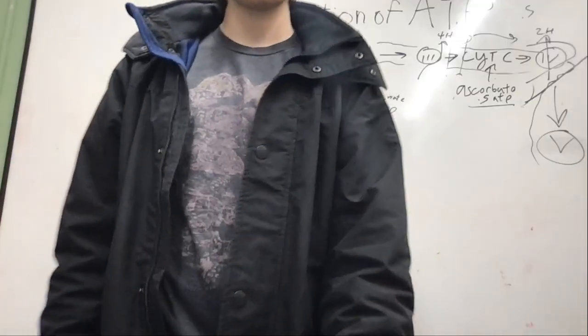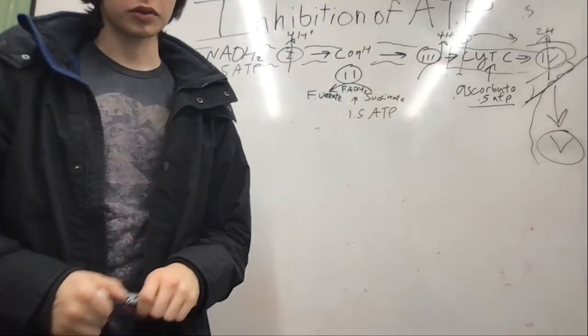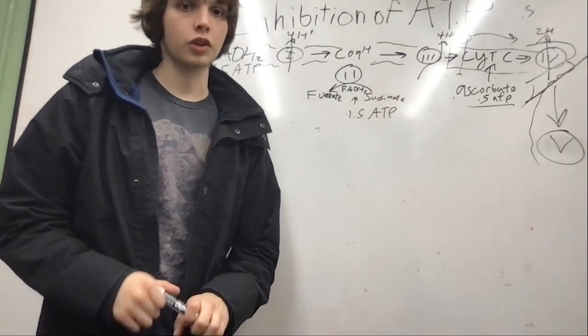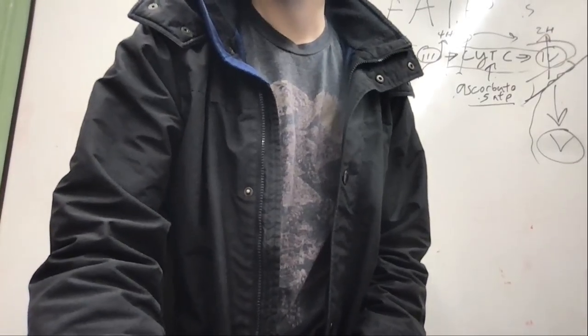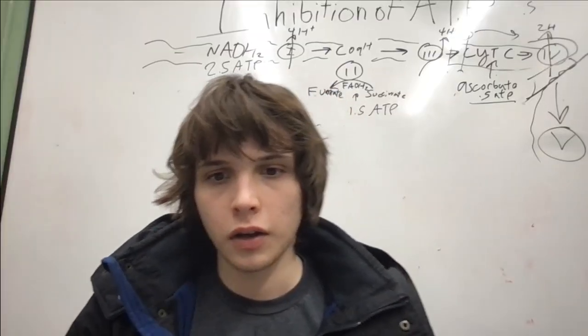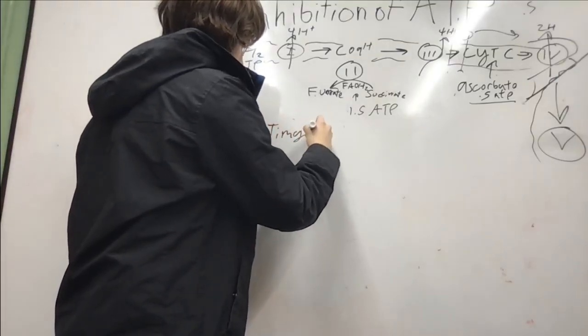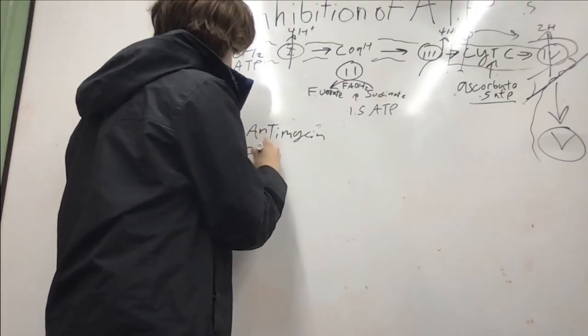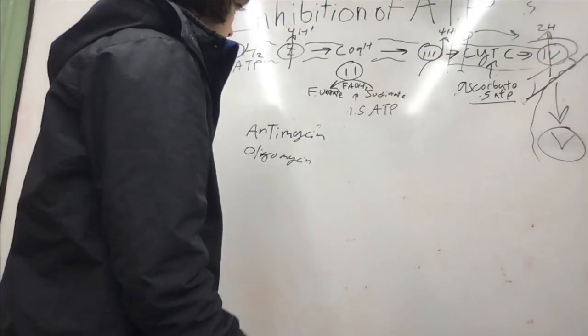Now we can talk about some uncouplers and ionophores. So, let me just pause this for a second. Okay, sorry, small mistake. I said that it was antimycin and oligomycin, complex 3, but I made a mistake.